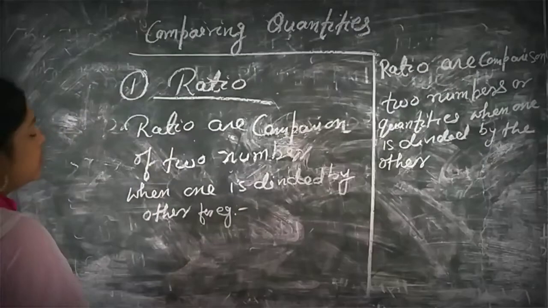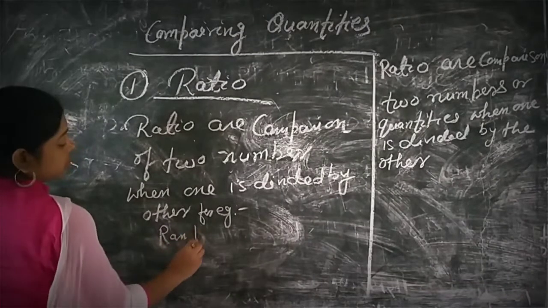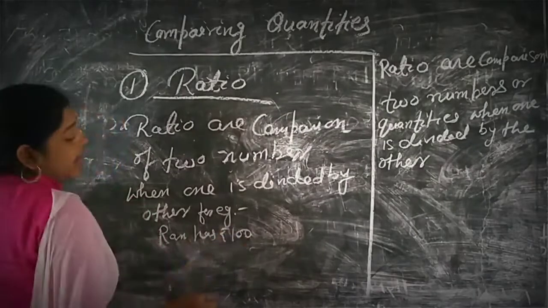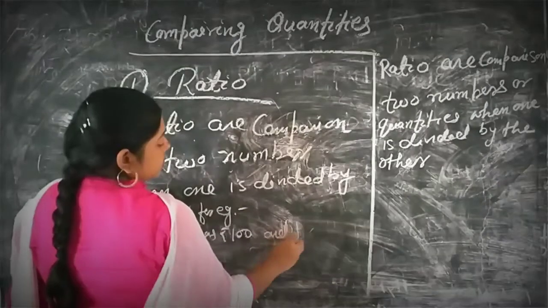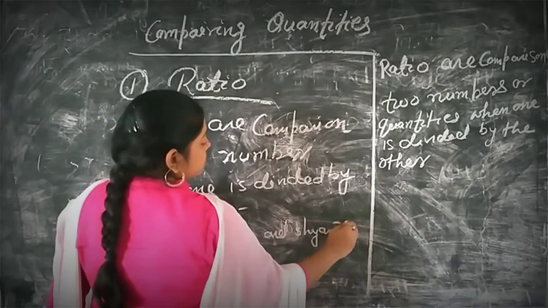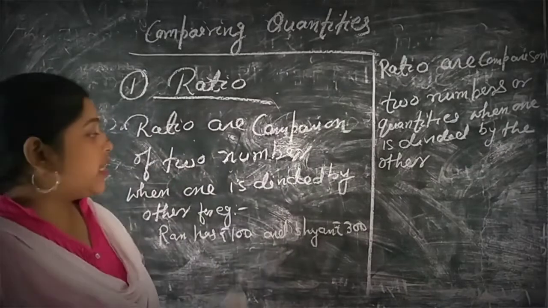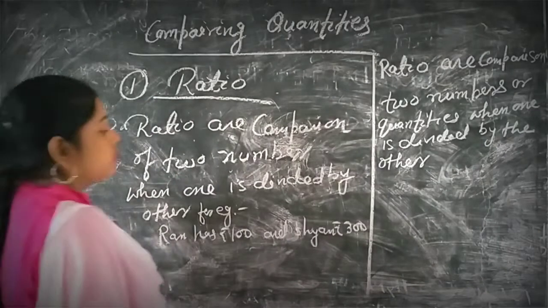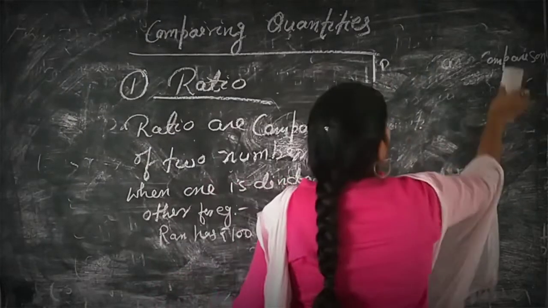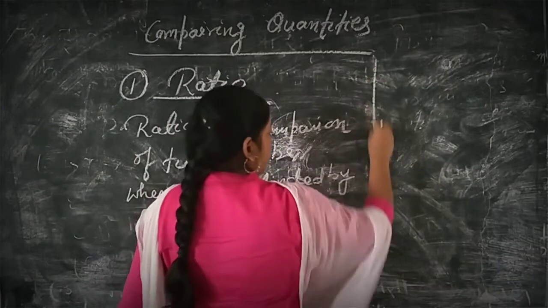Just as if Ram has 100 rupees and Syam has 300 rupees. So how can we write this in the ratio form? Write the amount in the ratio form.